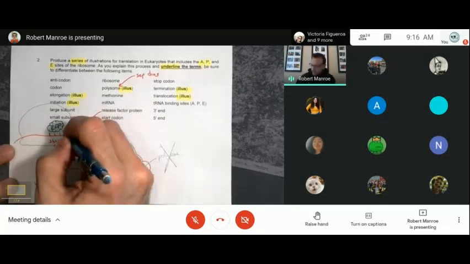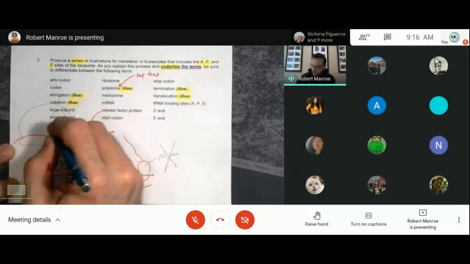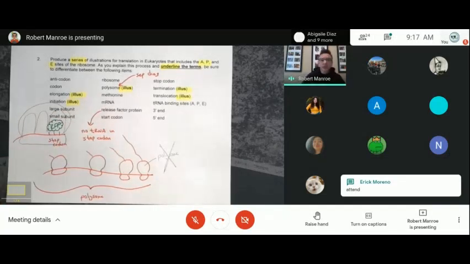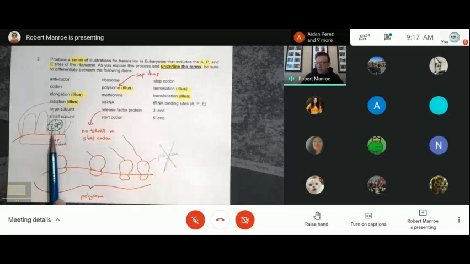The release factor protein actually comes into the A site, like such. Okay, so there's no tRNA in the stop codon at all. The release factor protein comes into that A site and causes that whole complex to dissociate, to separate. Like teens, when you walk up and say hi in the hallway, and they separate.